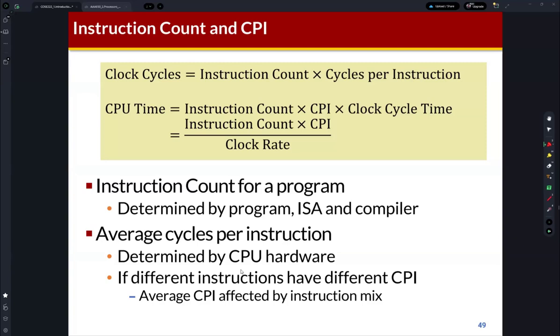The clock signal is a periodic signal. By counting the number of clock cycles, we can measure the CPU time. Also you need to remember that the performance is the inverse of the CPU time, the execution time.